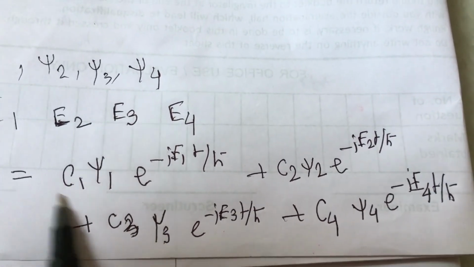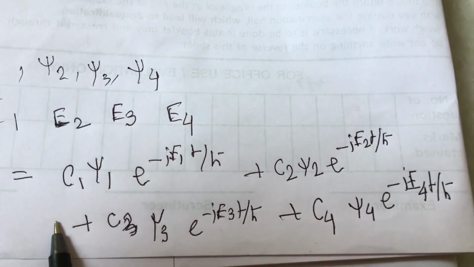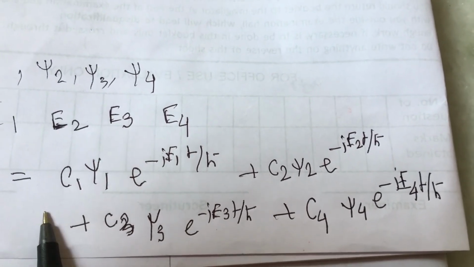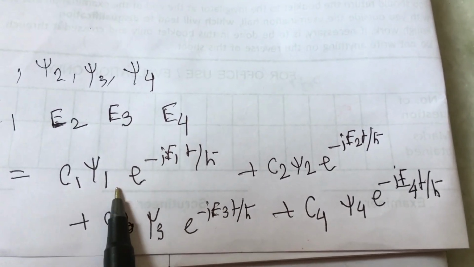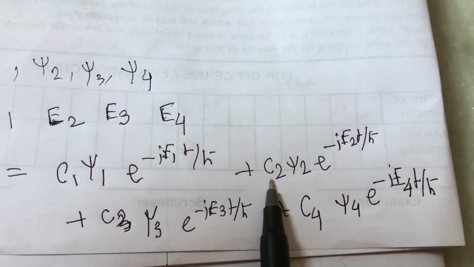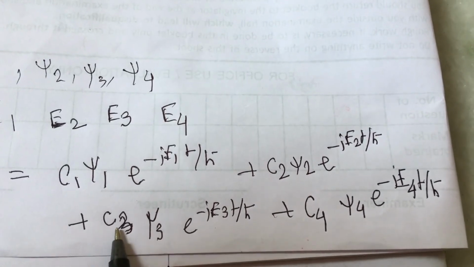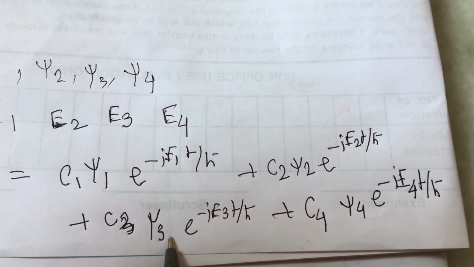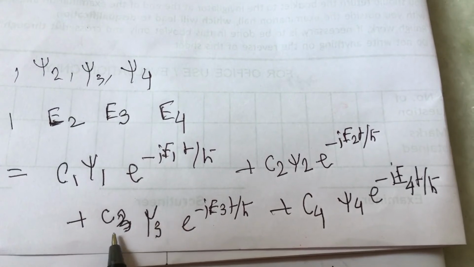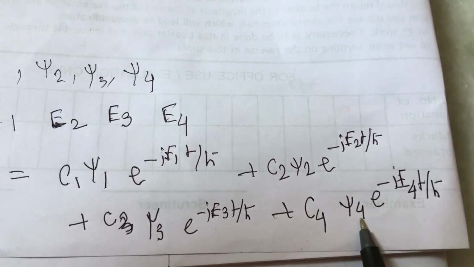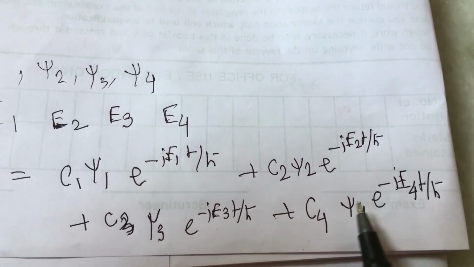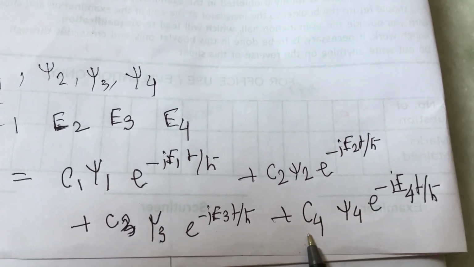Now the significance of this C1, C2, C3, C4 is, this will tell me that in this entire solution, in this summation, how much contribution comes from psi1. C2 will tell me how much contribution will come from psi2, and how much contribution comes from psi3 will be calculated from C3. How much contribution comes from psi4 will be calculated from C4.